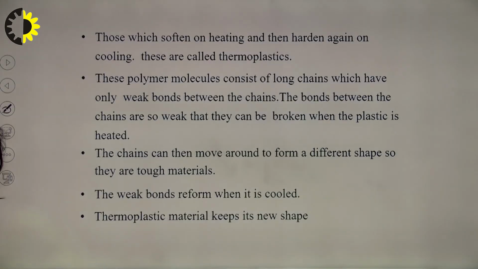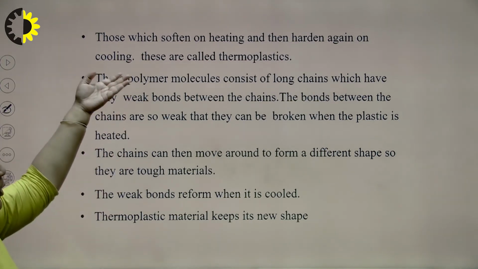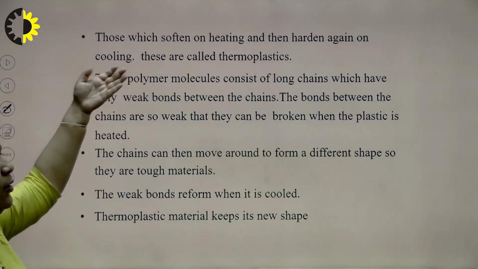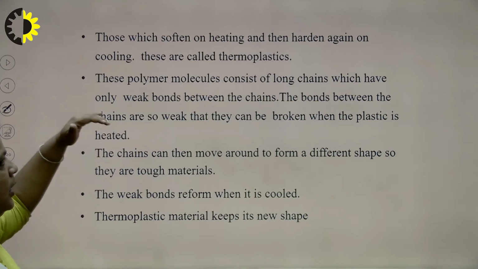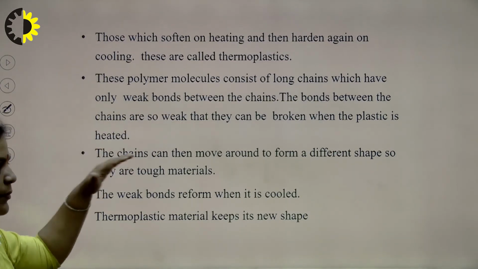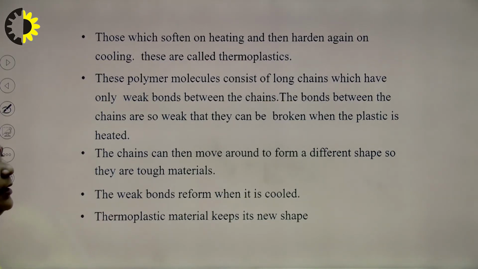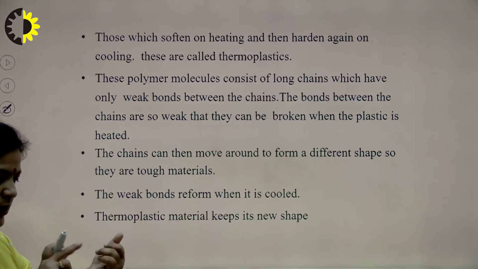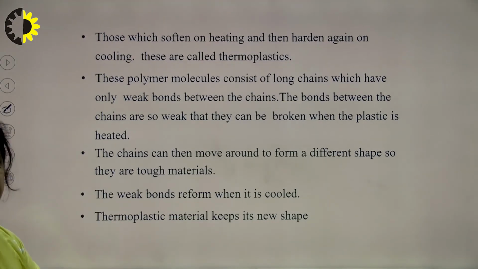These are the points of thermoplastic. On heating it becomes soft, while on cooling it becomes hard. Second, they are bonded with weak van der Waals forces, so they can be molded in any desired shape. They can be reshaped, recycled or reused.